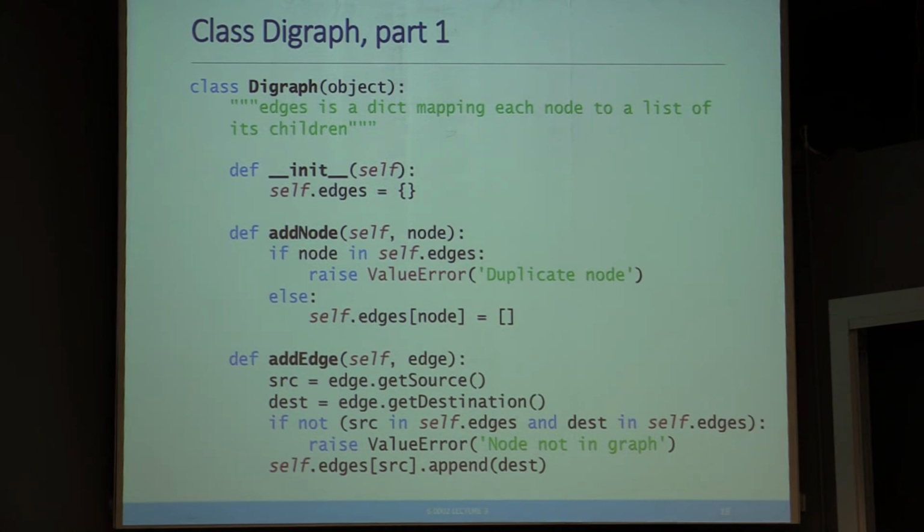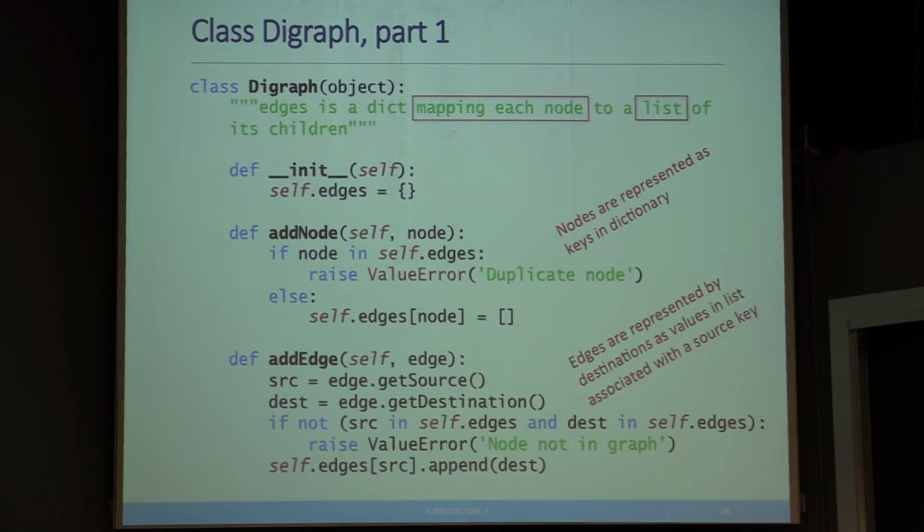So this now captures what I said I wanted to do. The nodes are represented as keys in the dictionary, and the edges are represented by destinations as values in the list associated with the key. So you can see if I want to see, is there an edge between a source and a destination, I would look up a source in the dictionary and then check in the list to see if the destination is there.